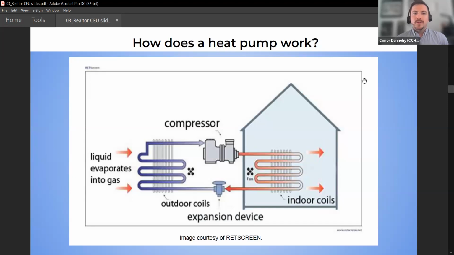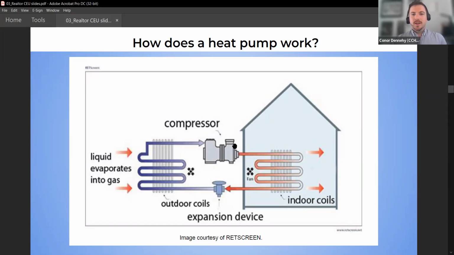All right, so I touched a little bit earlier about how does a heat pump work, but here is a simplified breakdown of the constituent parts, and we're in heating mode here. So obviously the interior of the house, these red arrows indicate heat is coming out. But these are copper tubes that are filled with refrigerant. The refrigerant type can vary, but it's mostly a standard approach.